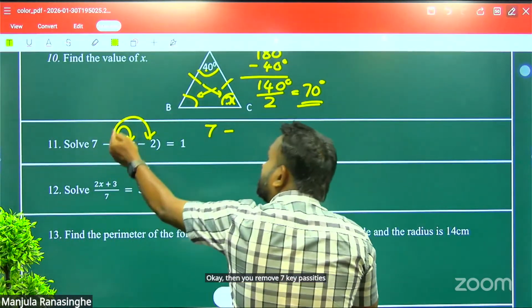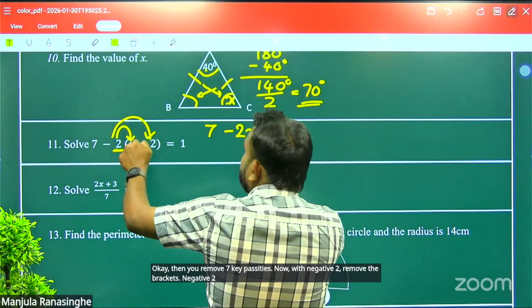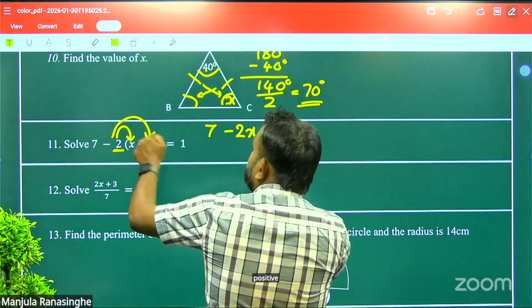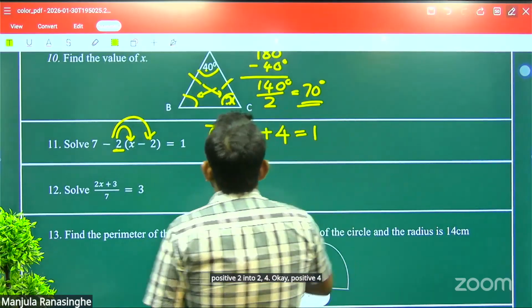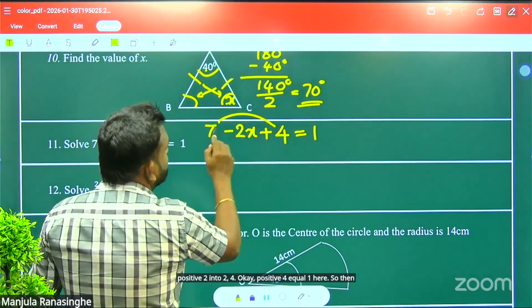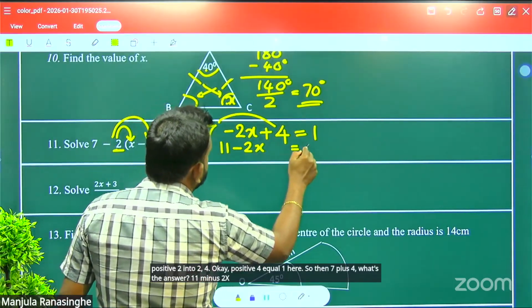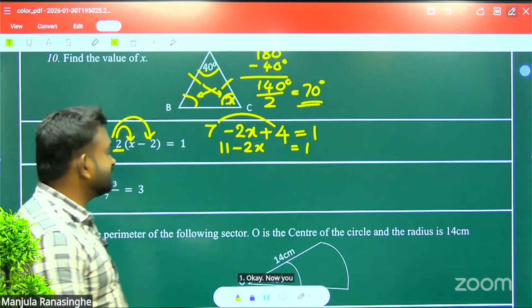Now with negative 2 remove the brackets. Negative 2 into x, negative 2x, negative into negative, positive 2 into 2, 4. Okay, positive 4 equal 1 here. So then 7 plus 4, what's the answer? 11 minus 2x equal 1. Okay, now you check the subject, the 2x.